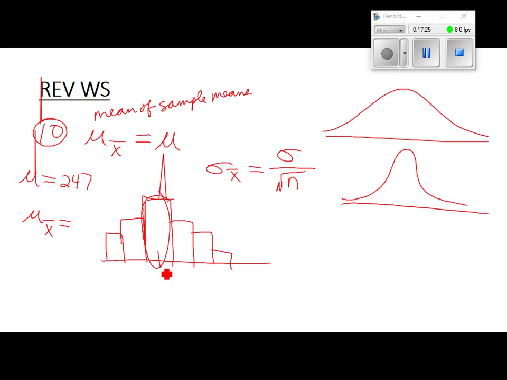So if this was 0, this was 5, this was 4, this was 3, that was 6, that was 7, that was 8, and we wanted to find the probability that x equaled 5, we just found the area of that bar right there. So that's where we used the PDF.